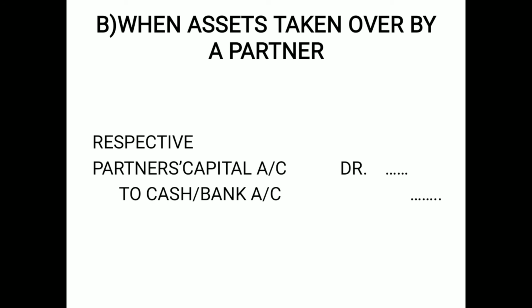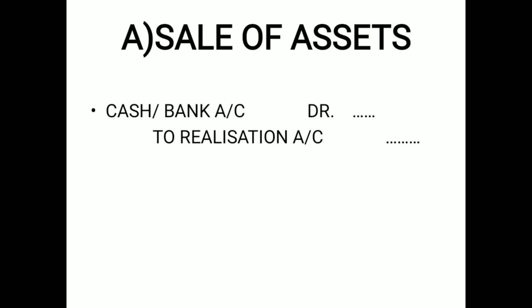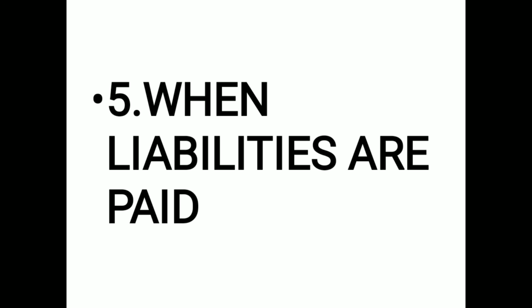So all I'm trying to say is, if you learn one topic, you just have to reverse all this in the second topic. So what is the journal entry when the liability payment is accepted by a partner? Realization account debit to respective partner's capital account. Simple?